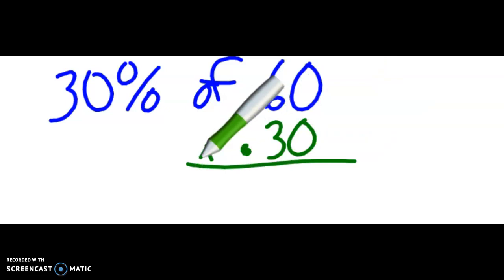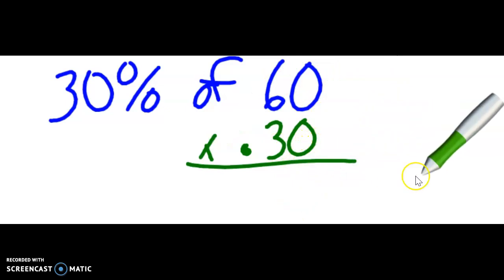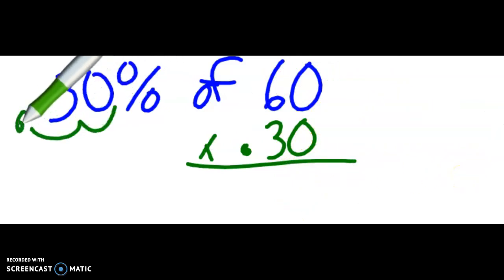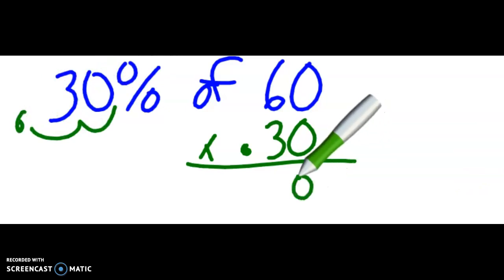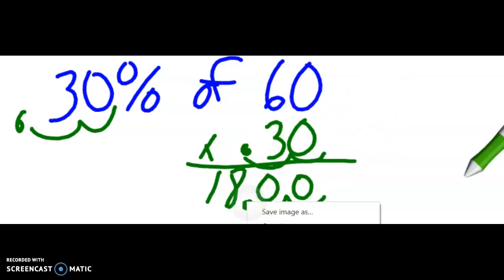We're going to multiply our 0.3, or our 0.30, times our 60. So we change this 30%, we move it 2 times, so we make it into a decimal. So we add our zeros here, and 3 times 6 is going to give me 18, and then I have to move my 2 zeros. And my answer is going to be 18.